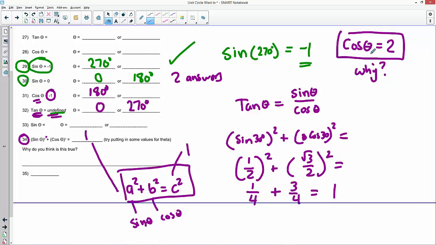There is no angle that equals 2. So this is, of course, undefined. The answer is undefined. And the reason is because cosine of theta has to be less than or equal to 1 and greater than or equal to -1. Between -1 and 1. It can never be 2. It can never be higher than this.